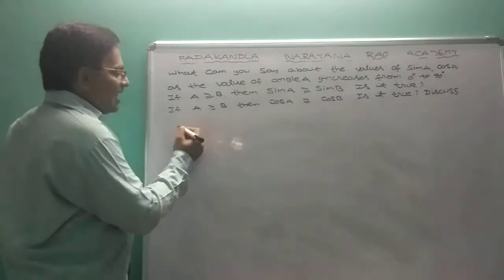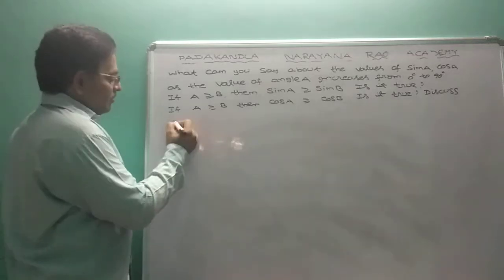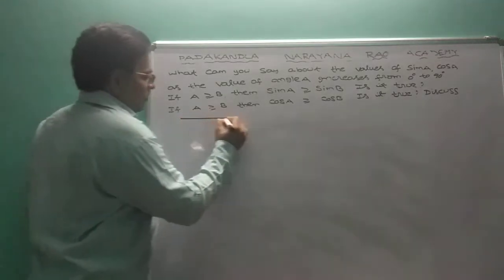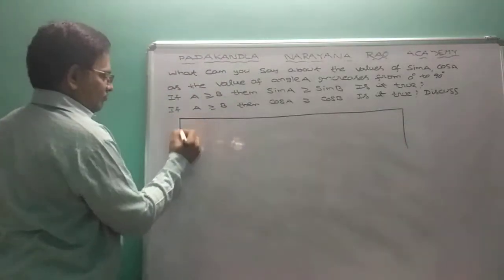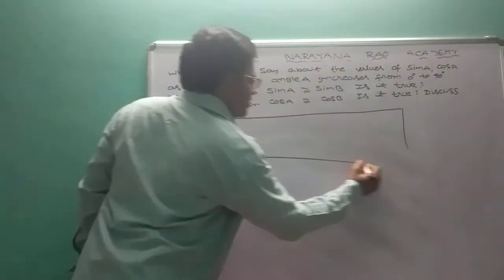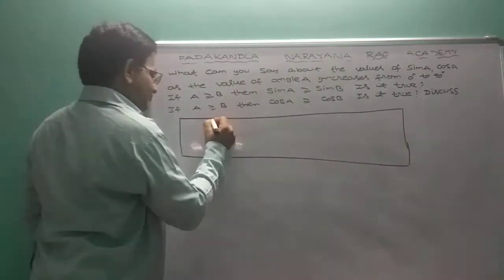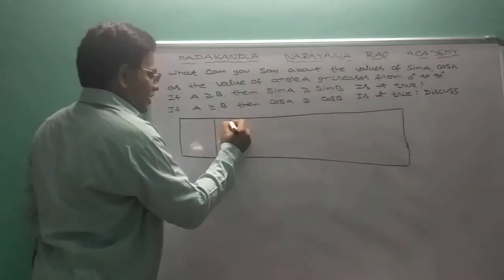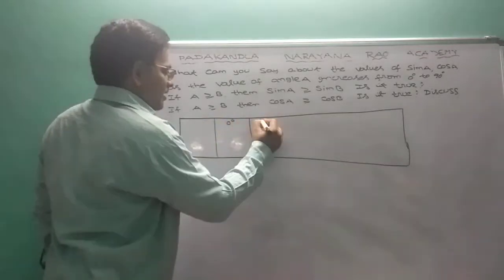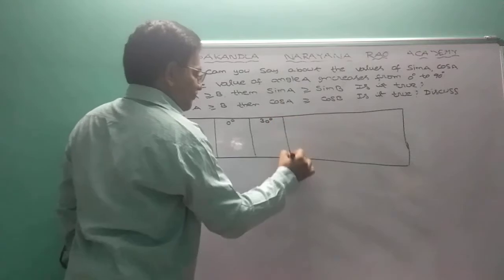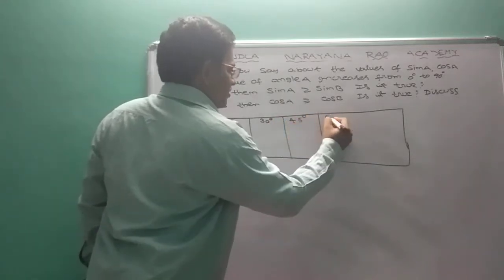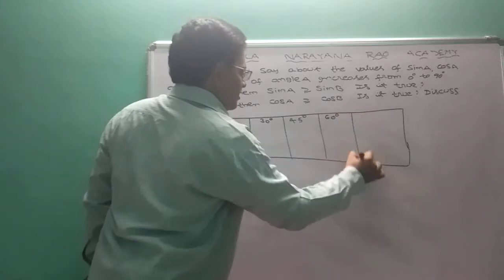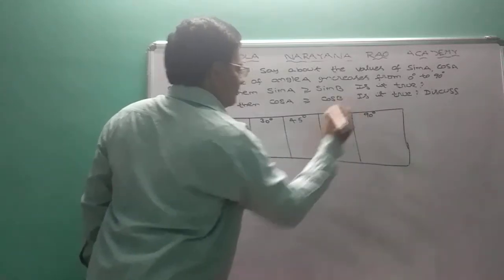Before this question's discussion, take one small table, that means the values of the trigonometrical table: 0 degrees, 30 degrees, 45 degrees, 60 degrees and 90 degrees.